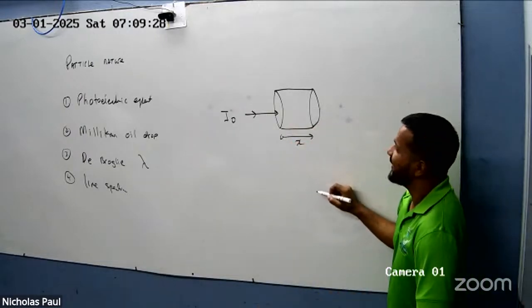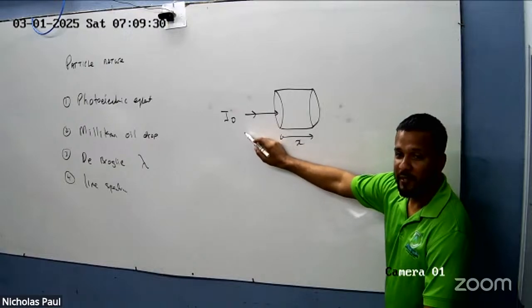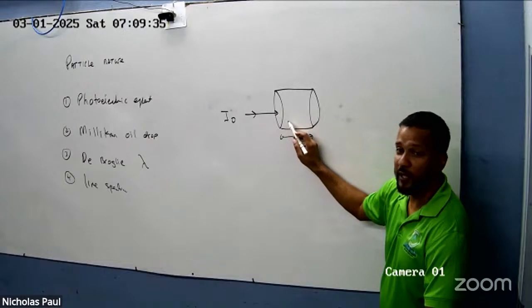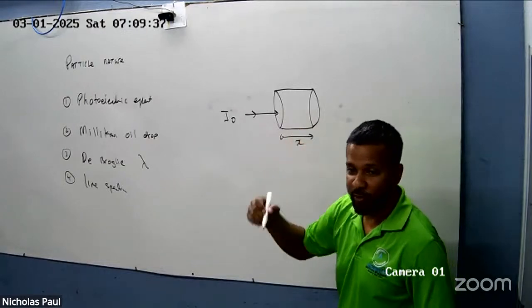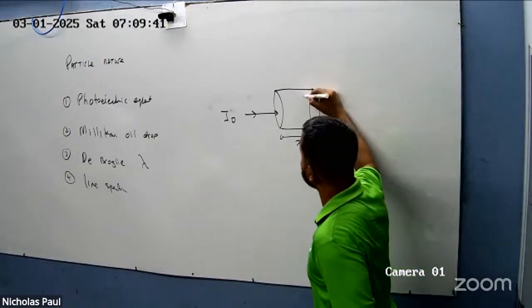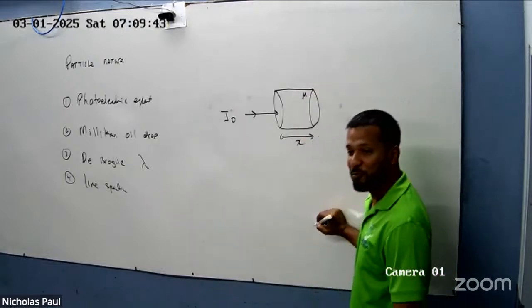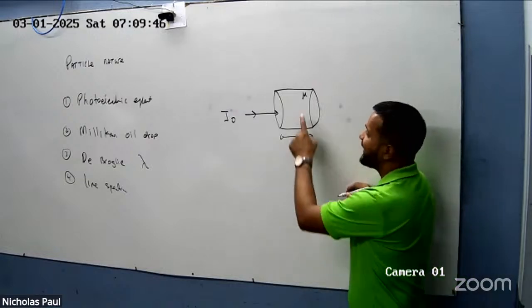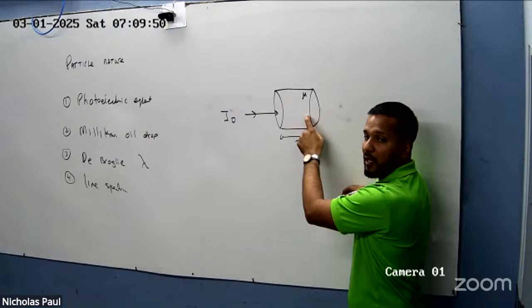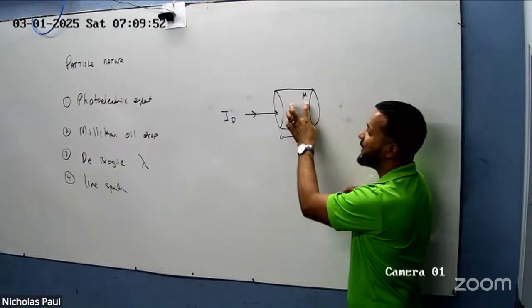Right? So here's what will happen. There's an intensity that will come through here. But because of the material, one might be a hand, one might be a foot, one might be a skull or something. Every material has its own attenuation.